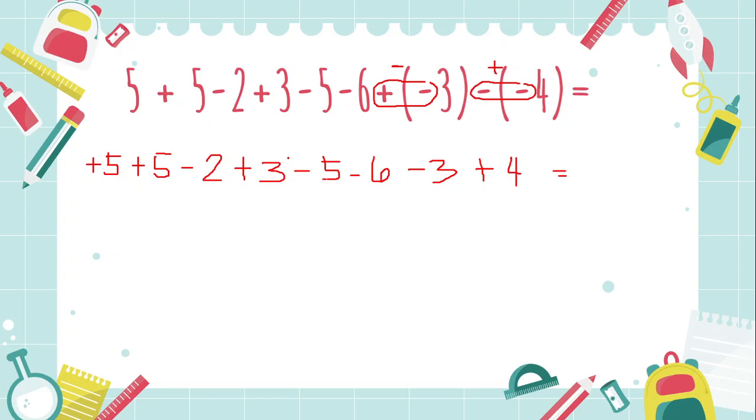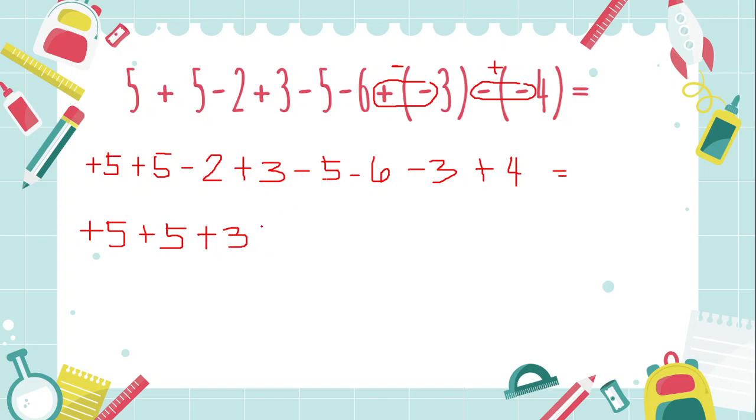we can combine all numbers with the same sign. So from here, I could say positive 5, then another positive 5, then we have another positive 3. So let's just combine all numbers with the same sign.